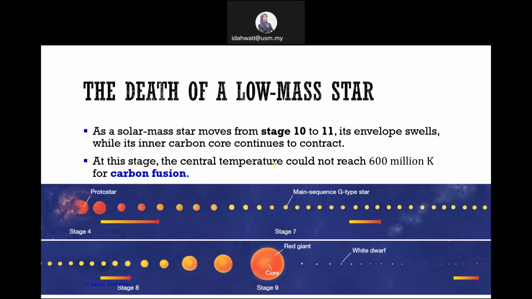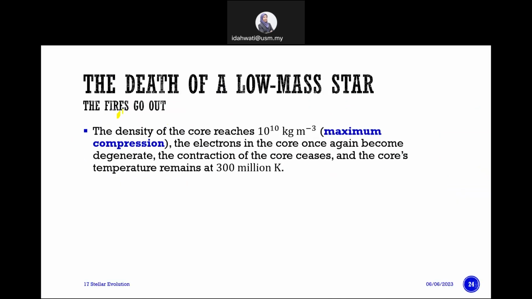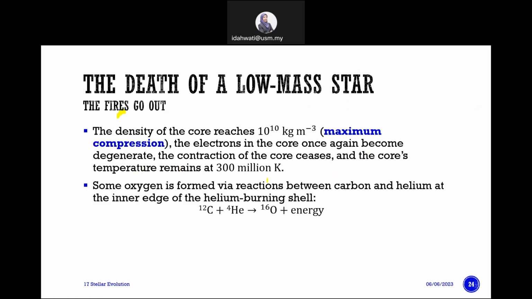At this stage, the center temperature cannot reach 600 million Kelvin for carbon fusion, so the fires go out. So what happens when the fires go out? The core reaches a certain density, the electrons in the core once again become degenerate and contraction happens, and the temperature remains at 300 million Kelvin.